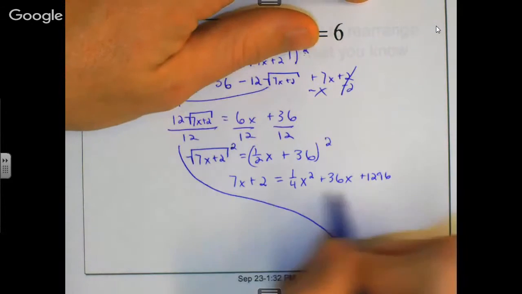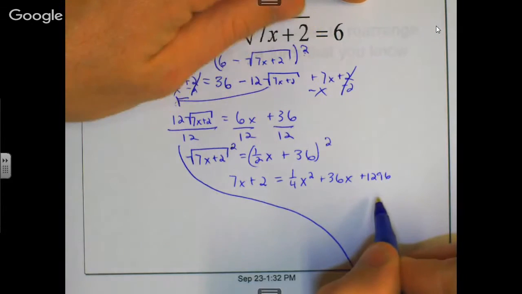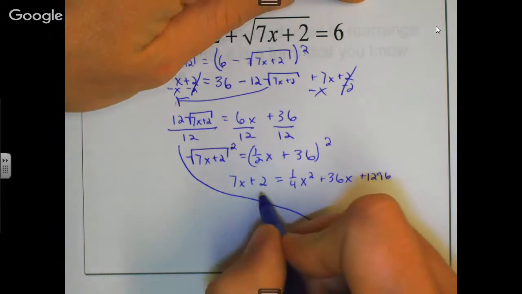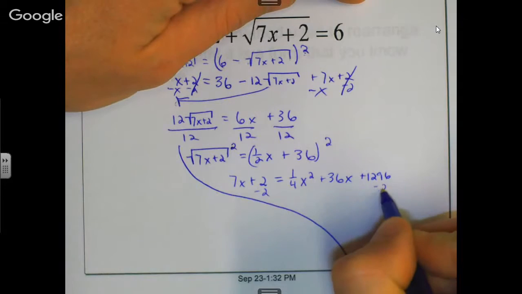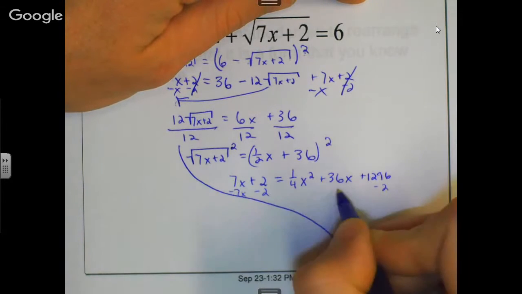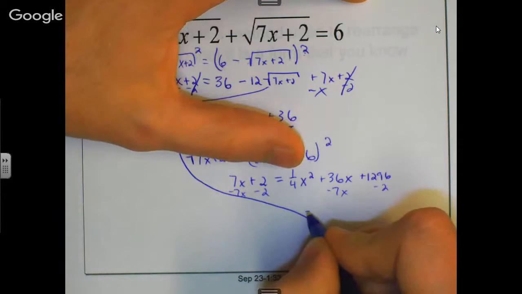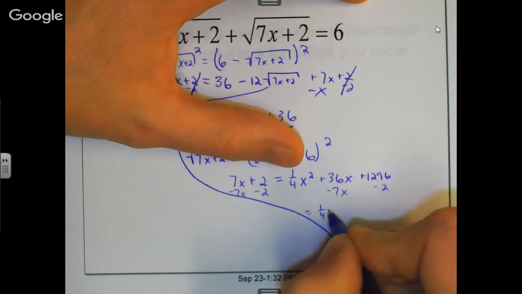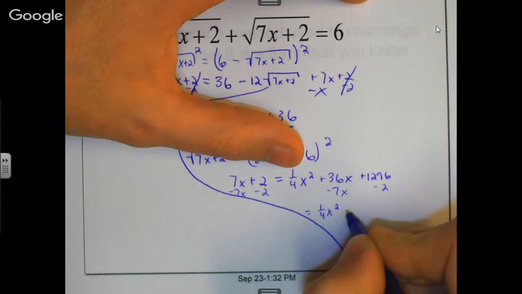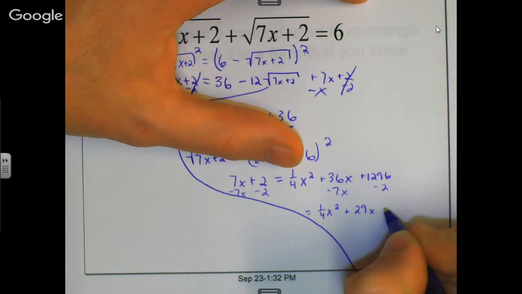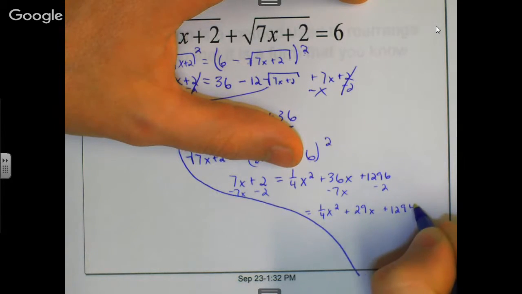Then you move everything to the other side. So minus 2, minus 2, minus 7x, minus 7x. So you have 1/4 x squared plus 29x plus 1294.